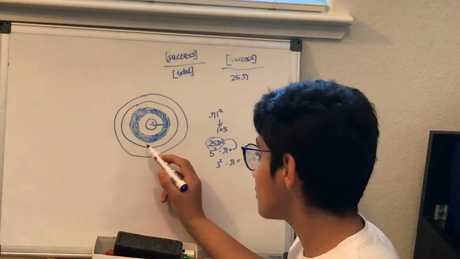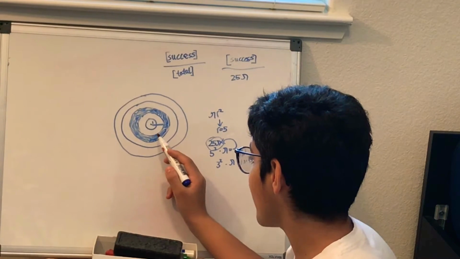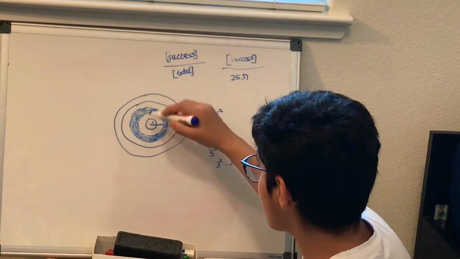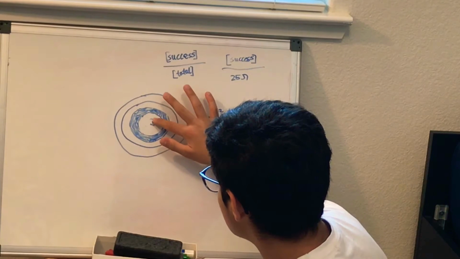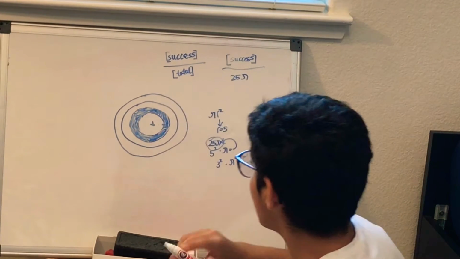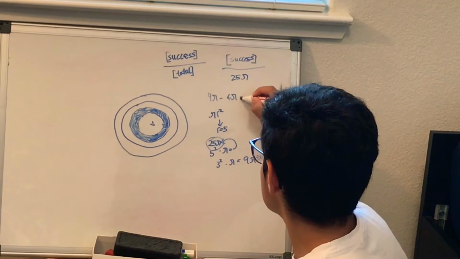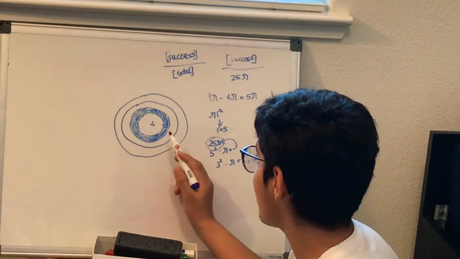And that white circle which isn't included in this has an area of 4 pi because this radius is 2. So that's 9 pi, which is this total circle, minus this circle over here, that's 5 pi because it's 9 pi minus 4 pi, which is 5 pi. So this total success region is 5 pi.